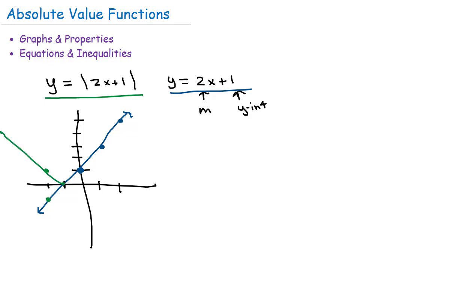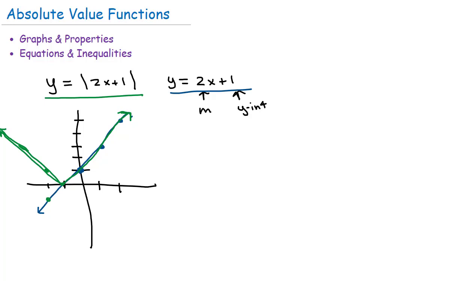So the actual resulting graph of this absolute value function is this V shape that I have here in green. So the absolute value graphs, if it's linear, they're going to look like a V shape. So that's one way to do it.